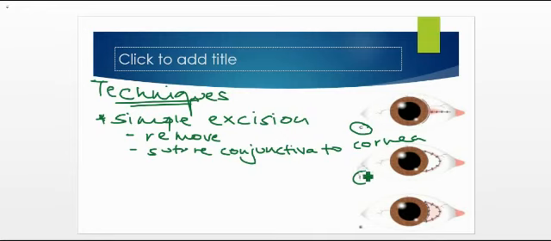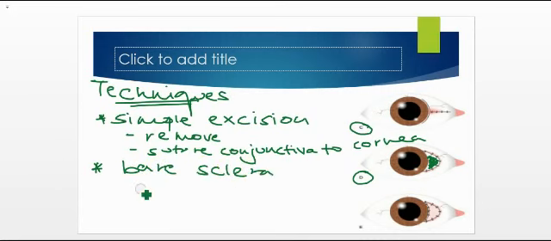Number 2, D. If you can look here, this region here, I left it bare. Can you see this, whatever I'm trying to color here, in green? So this is called the bare sclera technique.